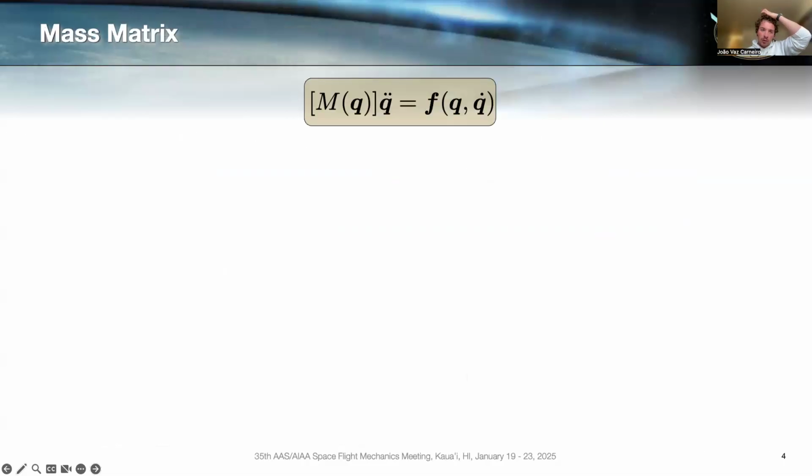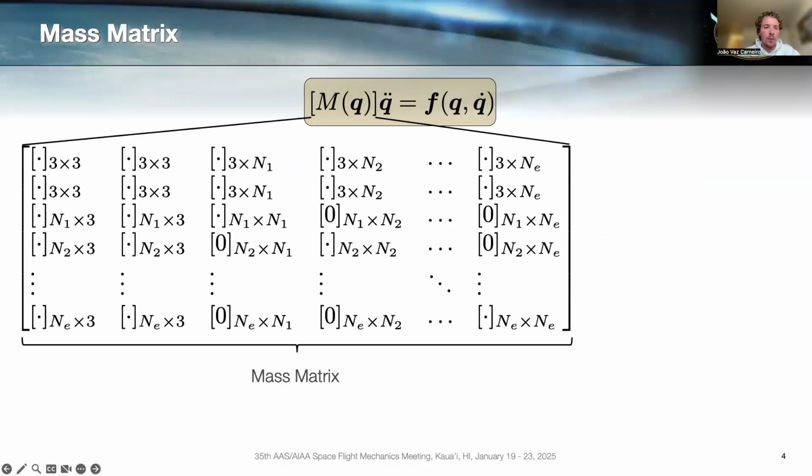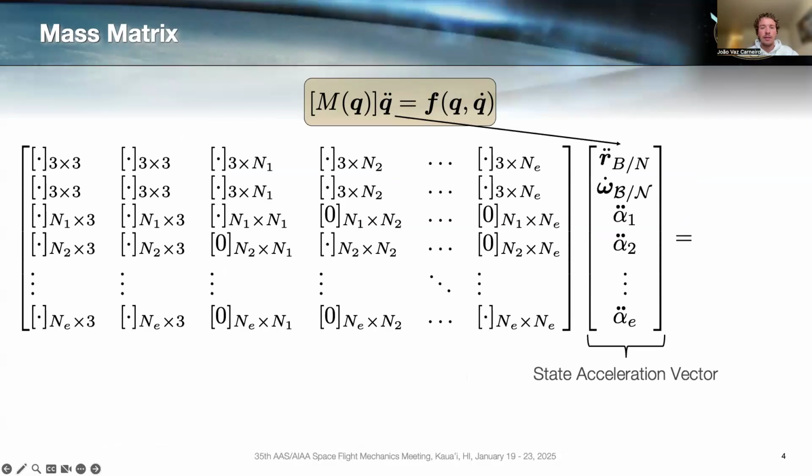Now let's talk about equations of motion. Usually in any mechanical system, we can write the equations of motion like this. On the left side, we have the mass matrix, which can depend on the system state vector Q, and we multiply that mass matrix by the state acceleration vector Q double dot. Now you'll see that in this case, we stack the hub's states, so r double dot bn and omega dot bn, and then we also stack all the other component states.